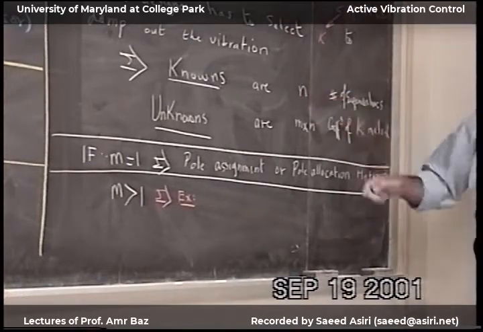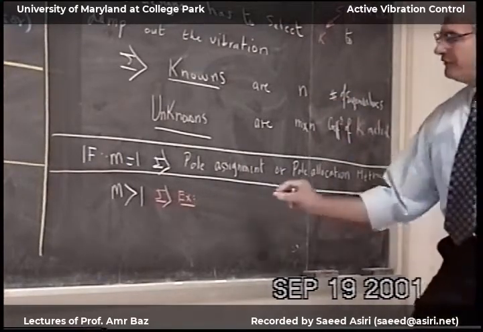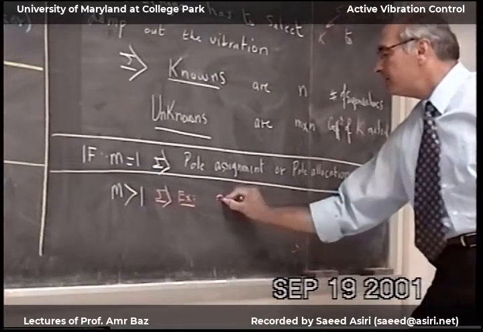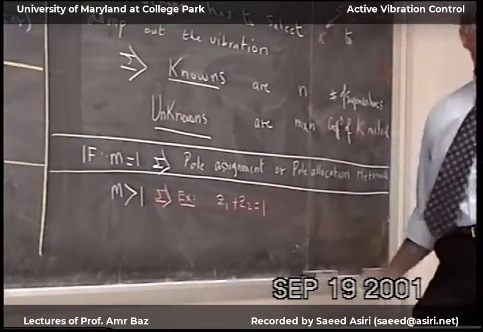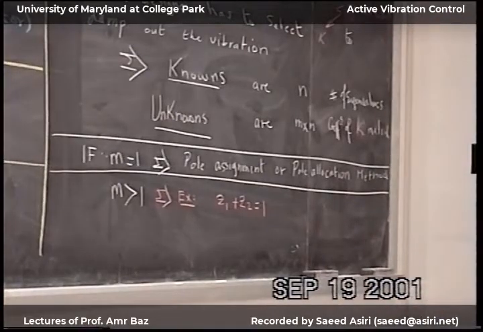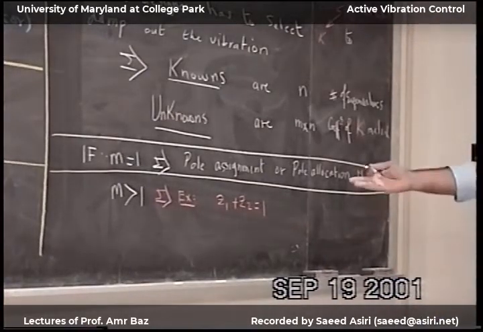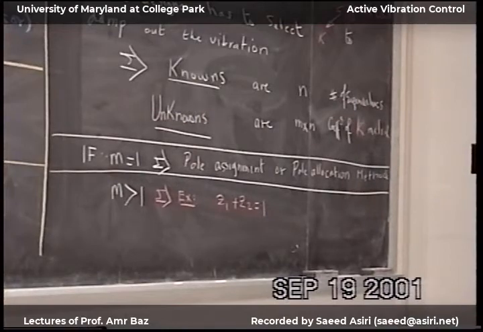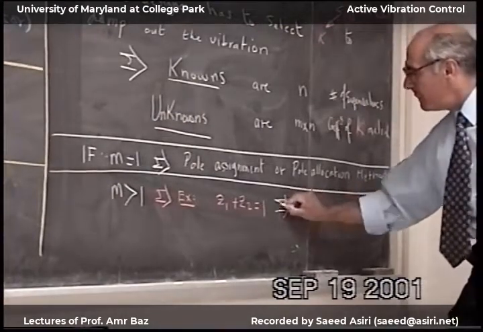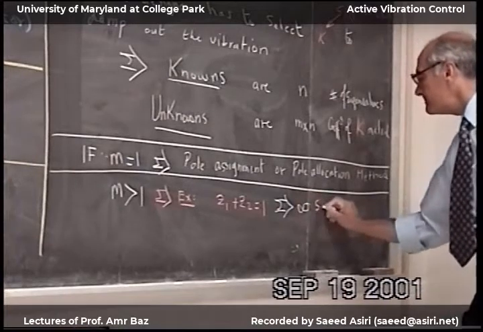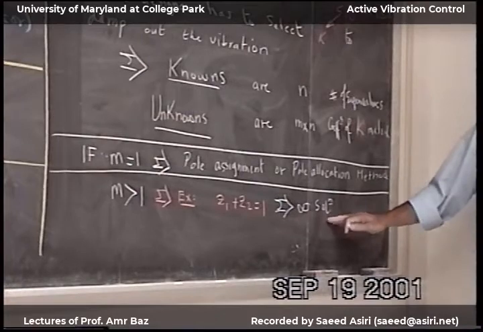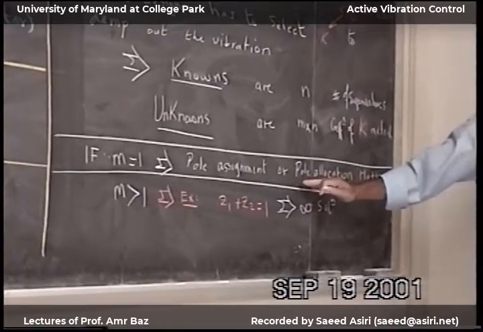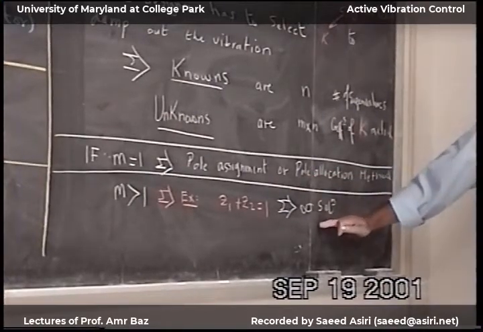For example, if I have z1 plus z2 is equal to 1, how many solutions do we have? Infinite solutions. So once we have infinite solutions, it is not a deterministic problem anymore. This is a design problem.